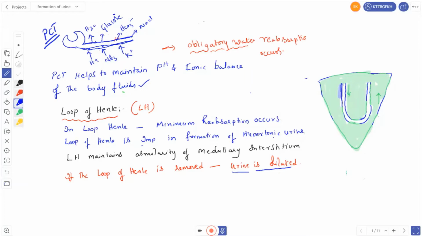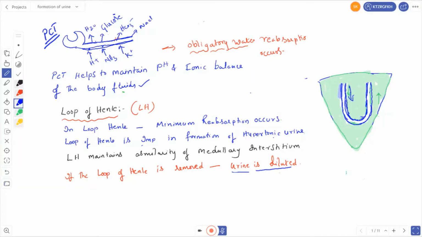This loop of Henle is present in the medullary interstitium, and it is maintaining the concentration of the medullary region. So if the loop of Henle is removed, the urine will get diluted.